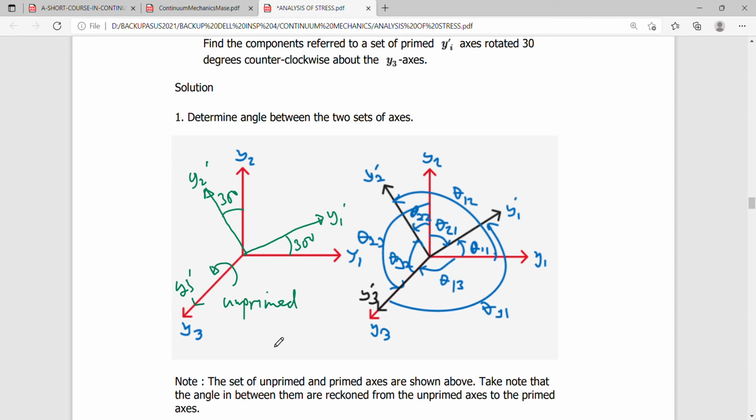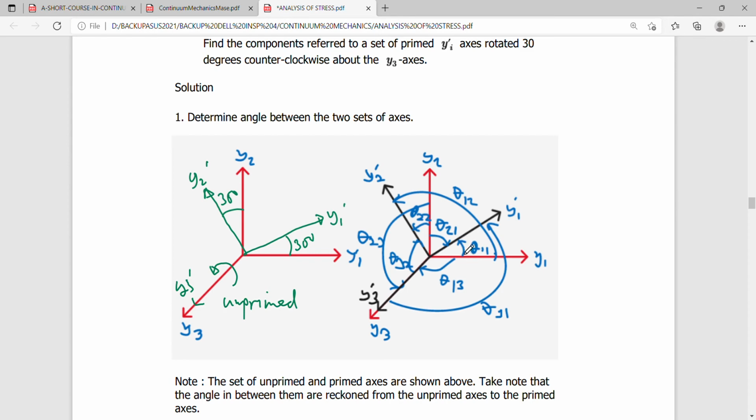So how do you now reference your angles? Take note that the set of the unprimed and the primed axis, as shown above, uses a reckoning such that the angle in between them is reckoned from the unprimed axis to the primed axis. So if you take note of your subscript 11, A11 or theta 11, you are referring to the angle coming from the red axis y1 to the black axis y1 prime.